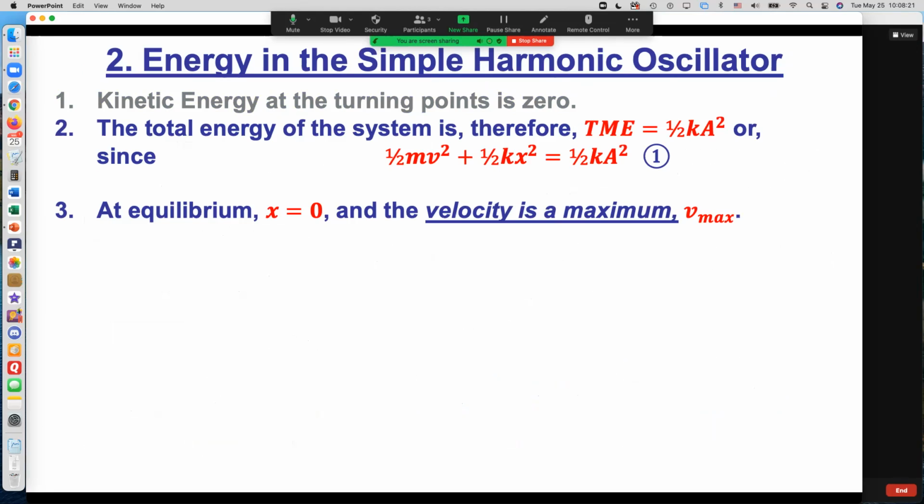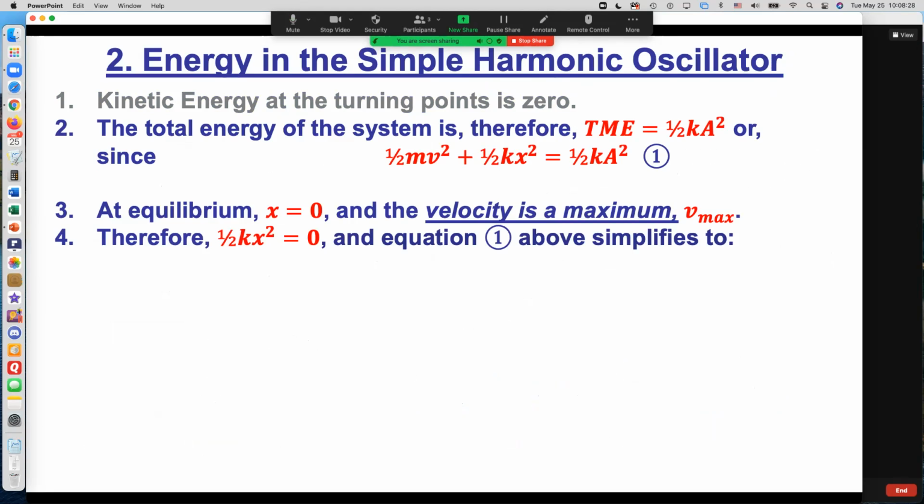At equilibrium, where x equals 0, and the velocity is a maximum, we get 1/2 Kx squared is equal to 0, and that equation 1 simplifies to 1/2 V max squared equals 1/2 Ka squared. See what I'm doing? We're going to the extreme points to see what we can find.